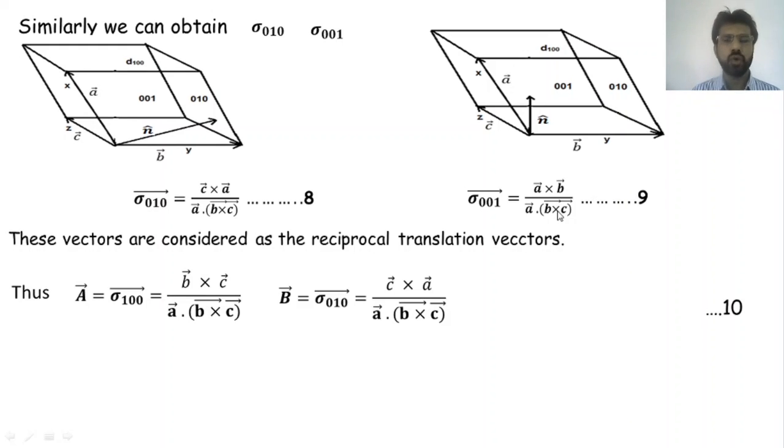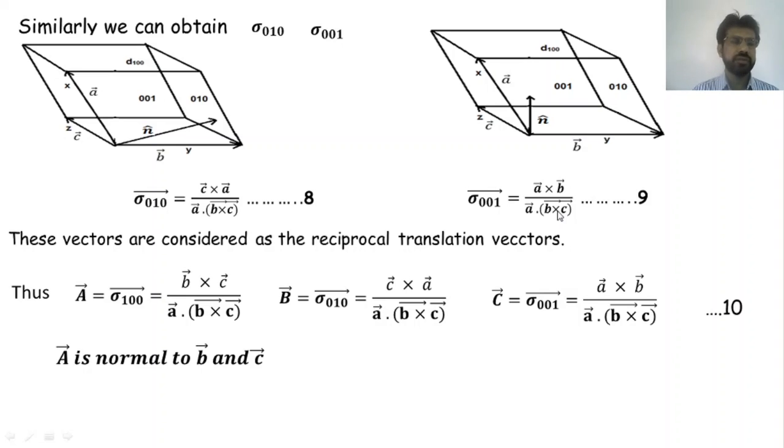Similarly, vector b is equal to vector sigma 0, 1, 0, which is equal to vector c cross vector a divided by the vector a dot, in brackets, vector b cross vector c. Similarly, the vector c is equal to the vector sigma 0, 0, 1, which is equal to the vector a cross vector b divided by the vector a dot, in brackets, vector b cross vector c.